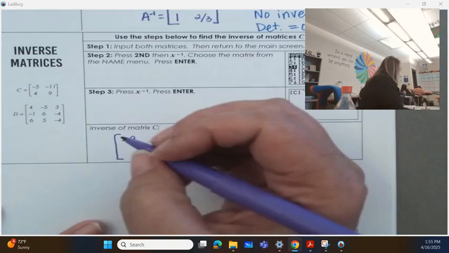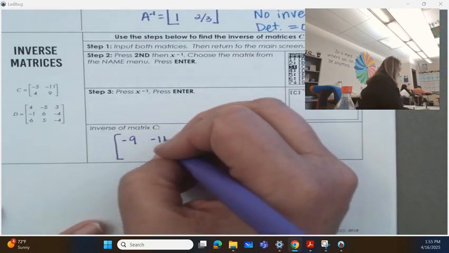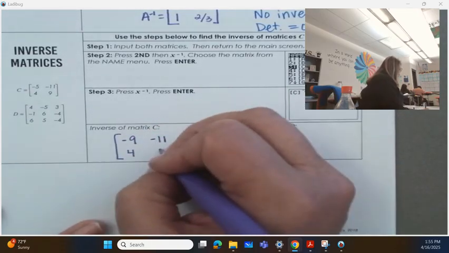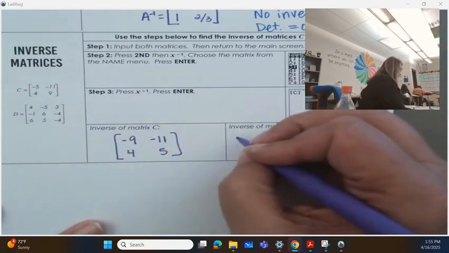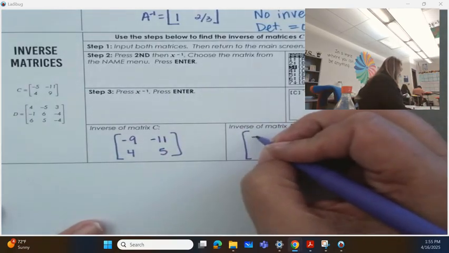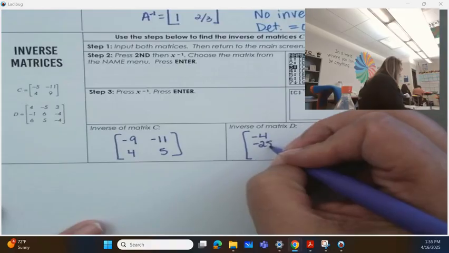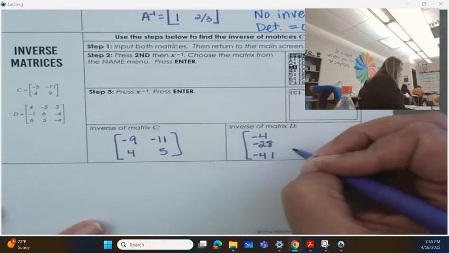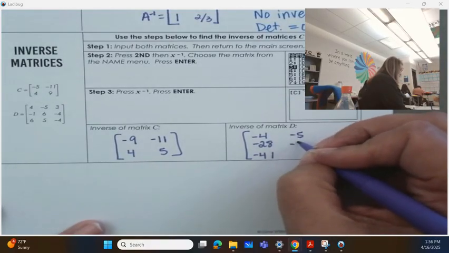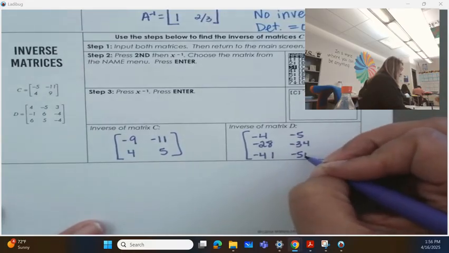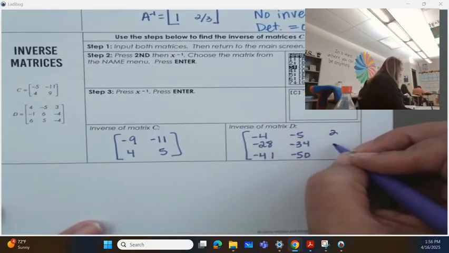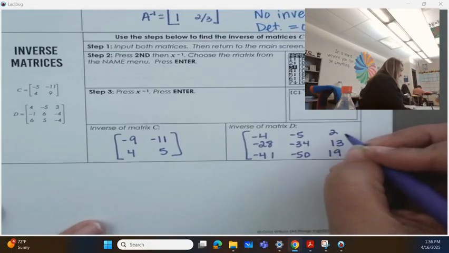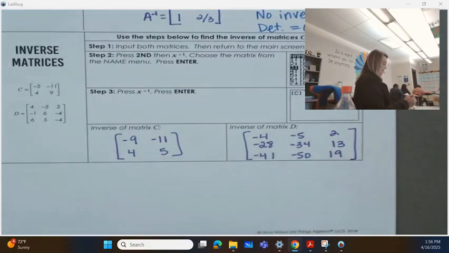The inverse of matrix C ends up -9, -11, 4, and 5. And the inverse of matrix D, I'll write it down here so you can check your calculator or Desmos and make sure you're hitting all the right buttons to find an inverse. All righty. All right.